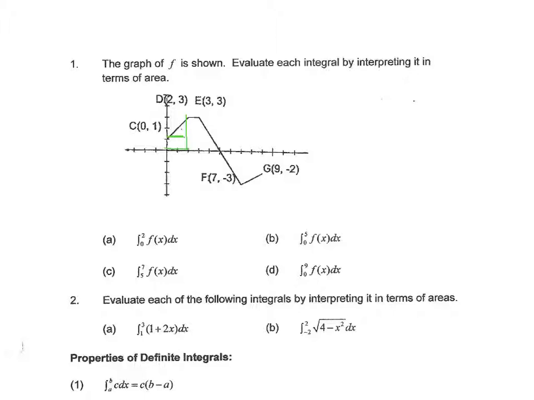So what's the area of that rectangle? The area of the rectangle is 2. What's the area of the triangle? 4 over 2. So the definite integral from 0 to 2 of this particular f of x is 4.